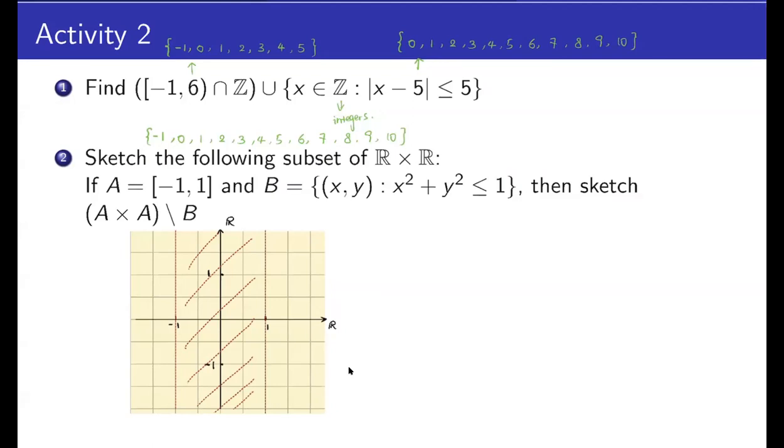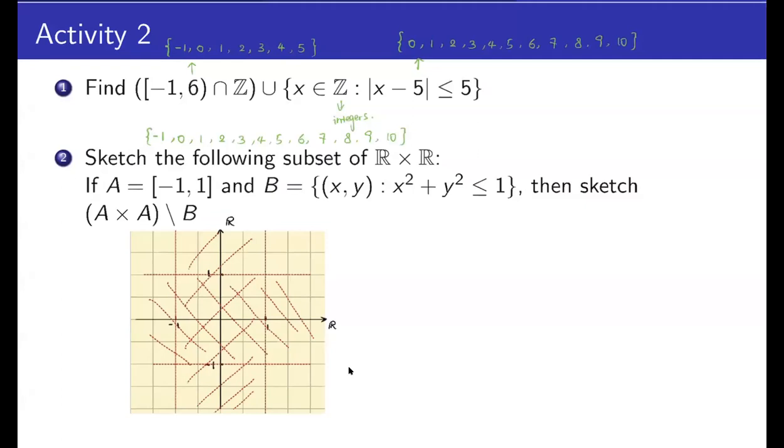This is A. And then, since we want a Cartesian product A, we need to draw another A on the vertical real line. So that's going to be here and here, and it's everything in between there.